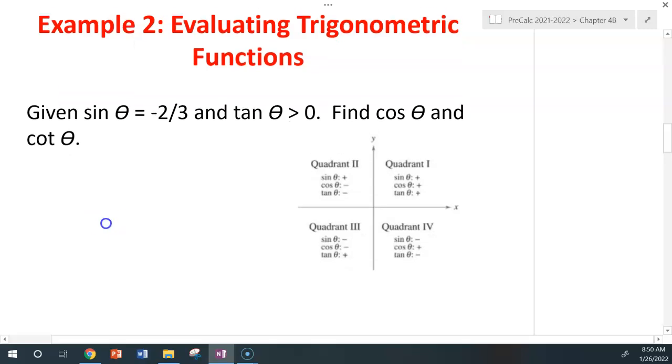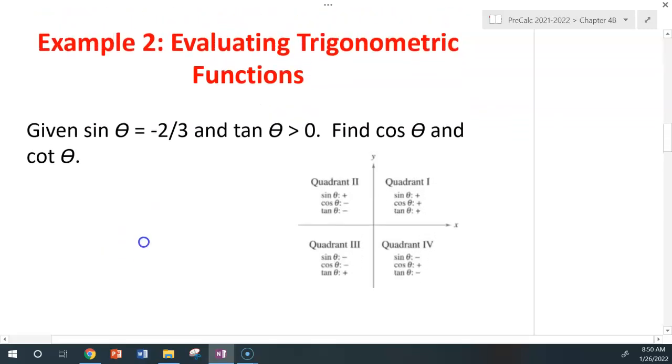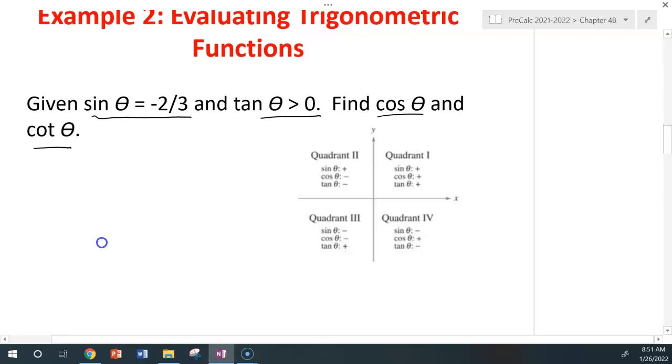Next up, we're going to evaluate a trig function. We are given that sine of theta is -2 over 3, and tangent of theta has to be positive. We're asked to find the cosine and the cotangent. First thing we need to figure out is which quadrant this is in. Now remember, sine of theta is y over r. This is negative, so our y is going to be negative. That means we're in either quadrant 3 or quadrant 4.